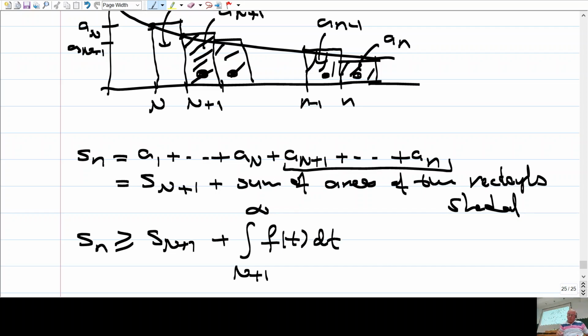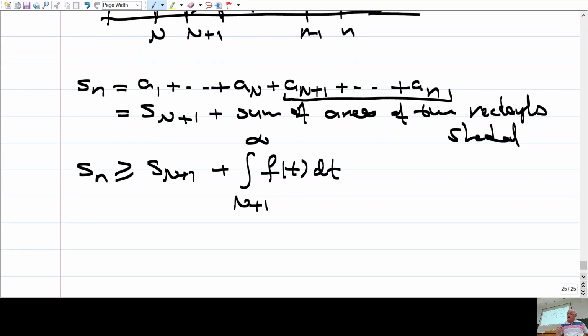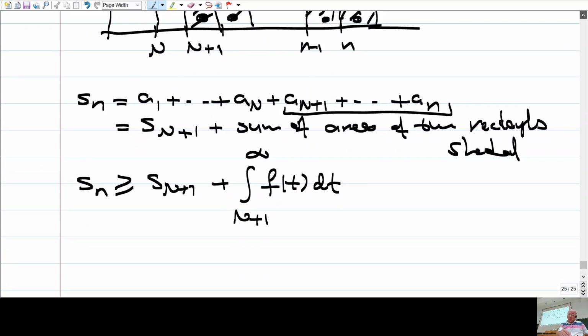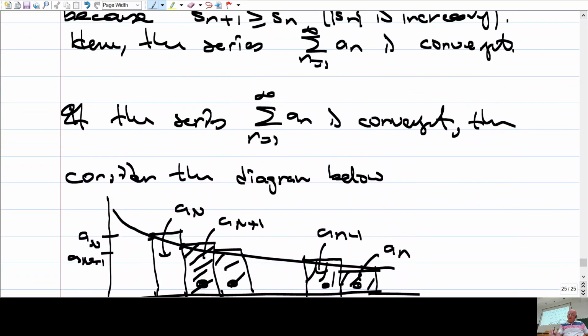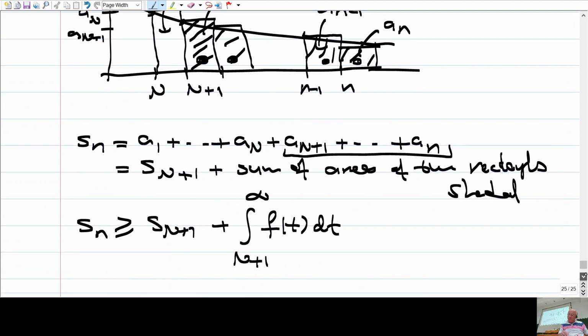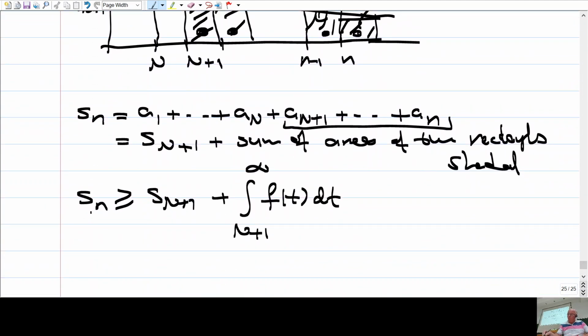Okay. Now you see, I assume that my series is convergent. If this is convergent, then the sequence of partial sums is convergent. Therefore, this is convergent. But we know that any sequence which is convergent is bounded.